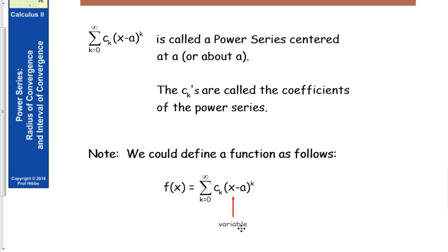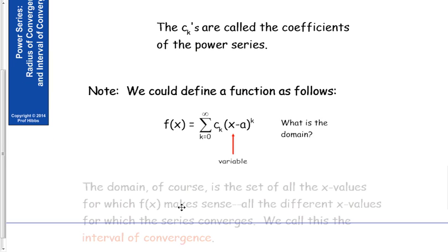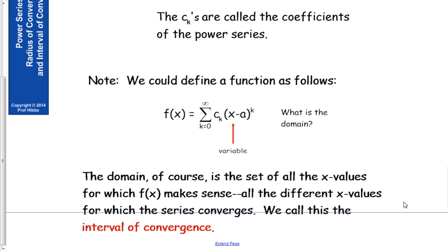So of course, that x is the variable of the function. Everything else is fixed. Every time we have a new value of x, we have a brand new series to calculate the sum of. So there could certainly be this question asked about what is the domain of this function. That's a reasonable question. Well, the domain, of course, is the set of all x values for which f of x makes sense.